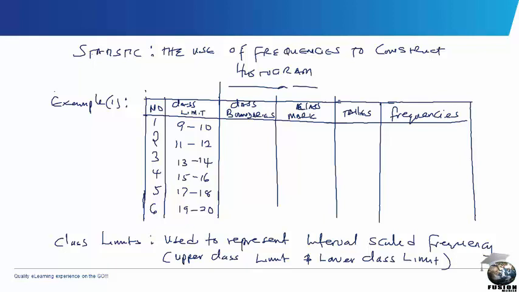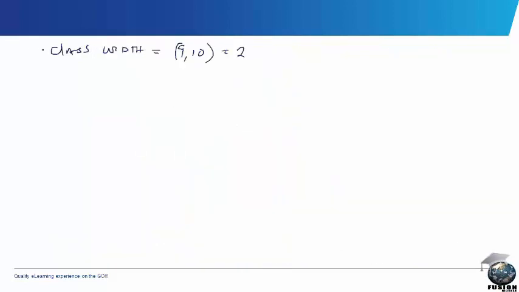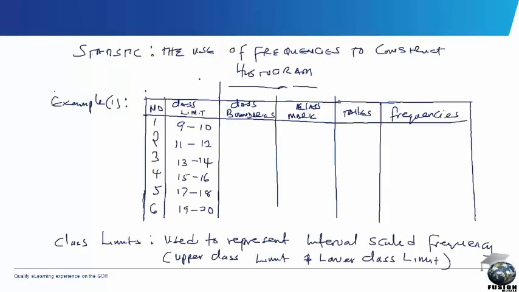All right, and so I want us to define the class boundaries. For the example we have above, the upper class boundaries are as follows. Go back and look at them. The upper class boundaries are the boundaries on the right hand side.